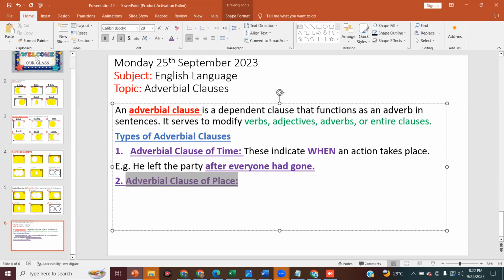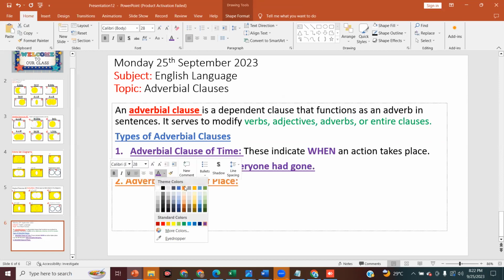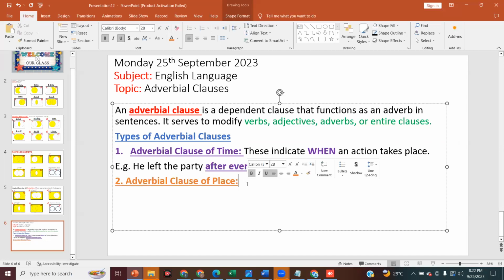Adverbial clause of time answers the question of when something happens. What do you think the adverbial clause of place answers? Where something happens. So these indicate where an action occurs.